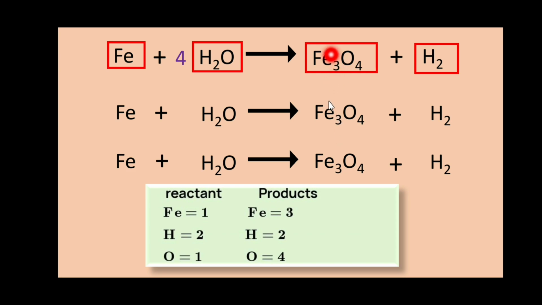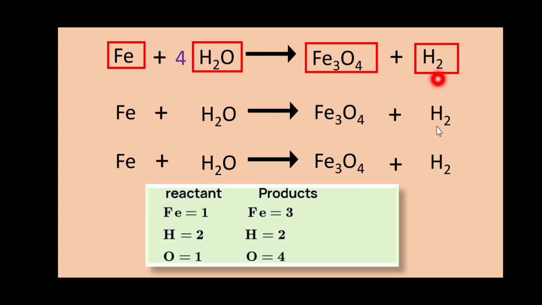Then we have to consider the hydrogen atom. Here on the reactant side, 8 hydrogen atoms are there. On the product side, only 2 hydrogen atoms are there.